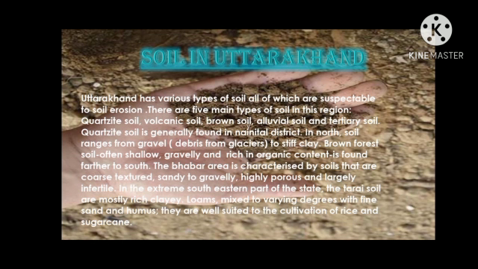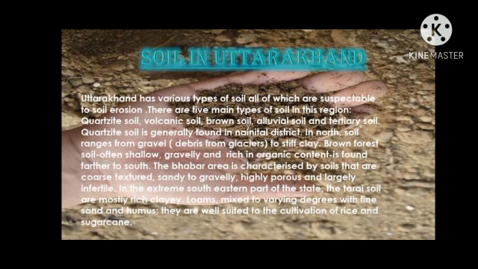Uttarakhand has various types of soil, all of which are susceptible to soil erosion. There are 5 main types of soil in this region: quartzite soil, volcanic soil, brown soil, alluvial soil, and tertiary soil. Quartzite soil is generally found in Nainital district. In the north, soil ranges from gravel debris from glaciers to stiff clay. Brown forest soil, often shallow, gravelly, and rich in organic content, is found further to the south.